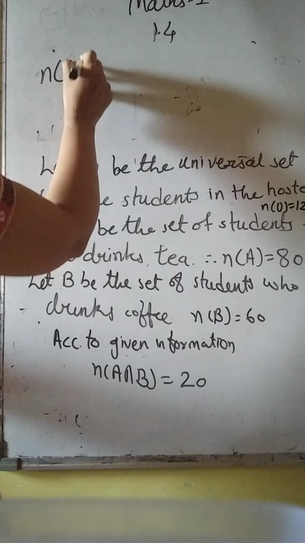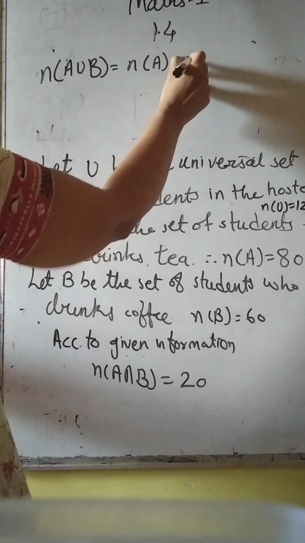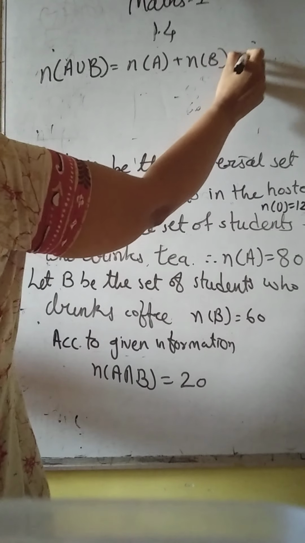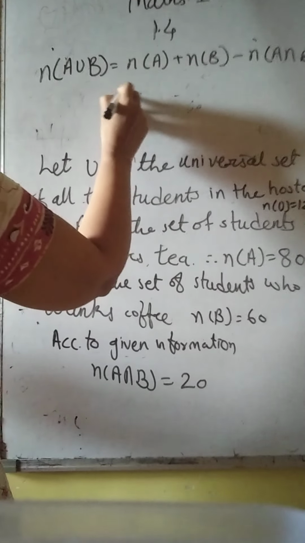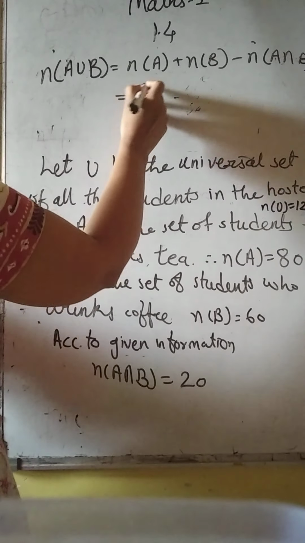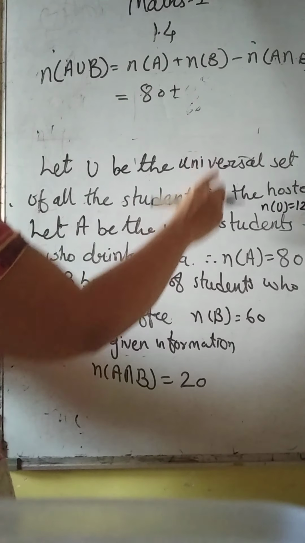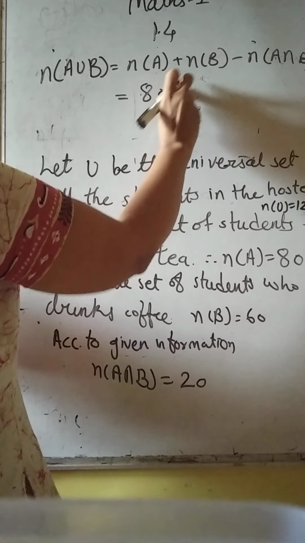Number of students in the union is number of students in A plus number of students in B minus number of students in A intersection B. Right? How many are in A? A has 80. Where did B go? B has 60.